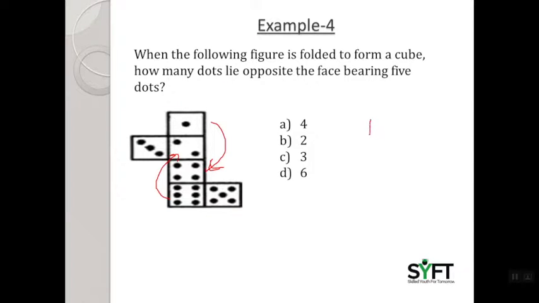So you can write it down like this: 1 is opposite to 4 and 6 is opposite to 2. We have 3 and 5 left, so they will be opposite to each other. So the answer will be 3 dots. 3 dots will be opposite to 5. So the answer is C.